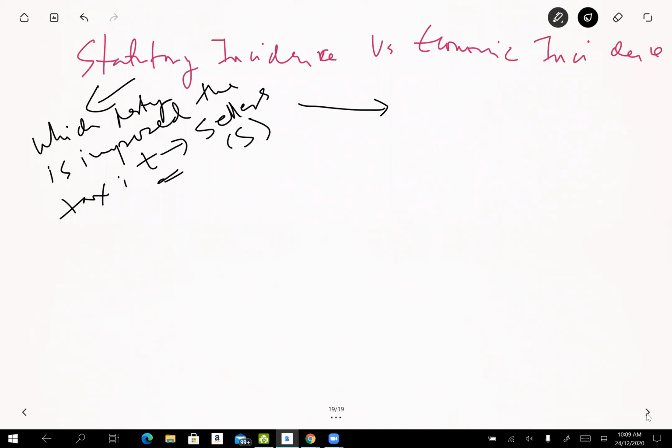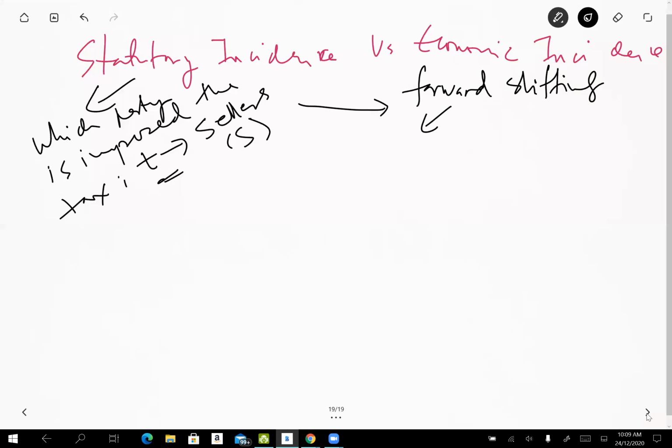The tax is imposed on the sellers, and last time I was not sure of the term, but the term is forward shifting. The firms will increase the price, and the incidence of the tax will be borne by both parties, so some of the burden of the tax is transferred.